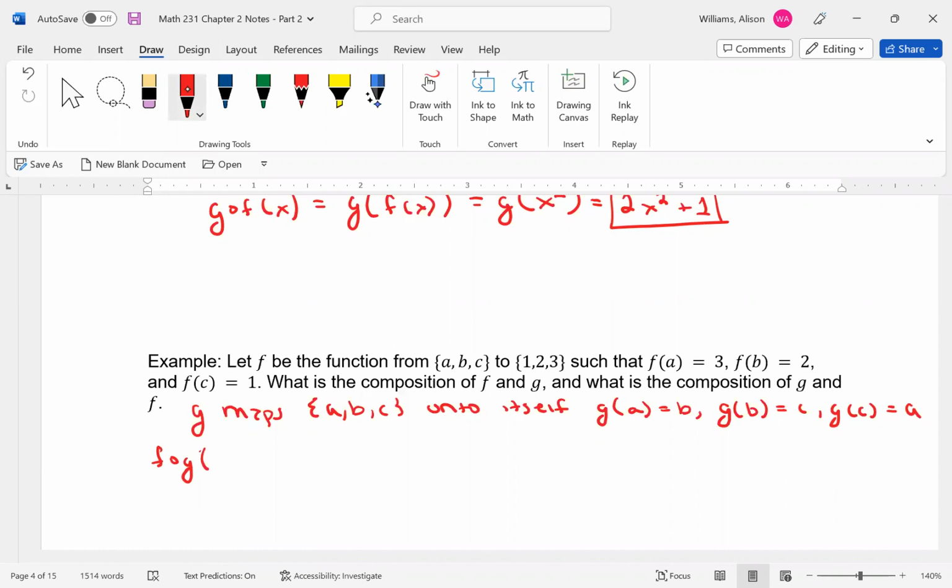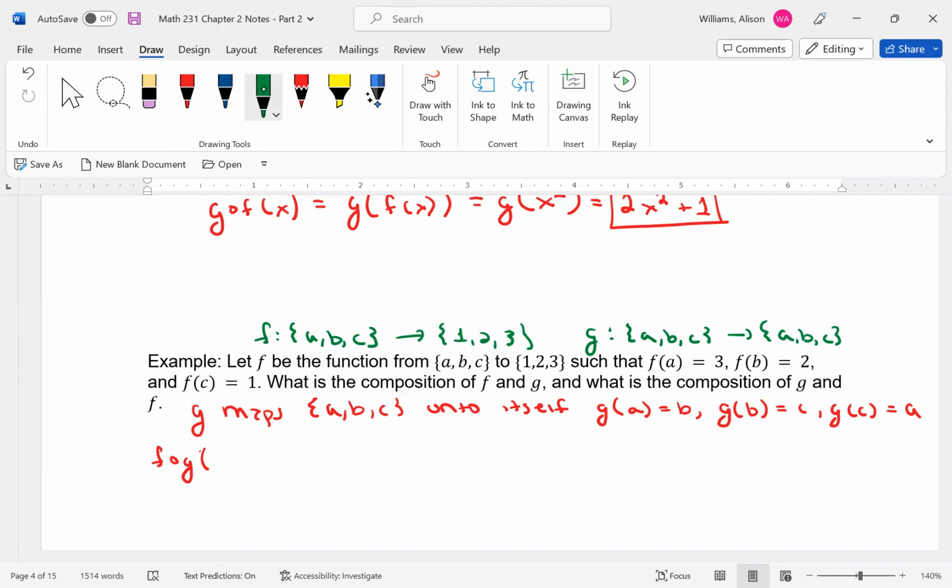So remember, F takes A, B, C and maps it to 1, 2, 3. G takes A, B, C and maps it to A, B, C. Okay, so F composed of G means I'm going to start with G and end up using F. So G gets used first.